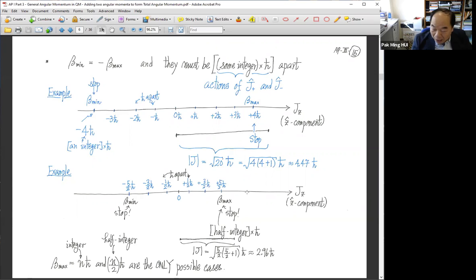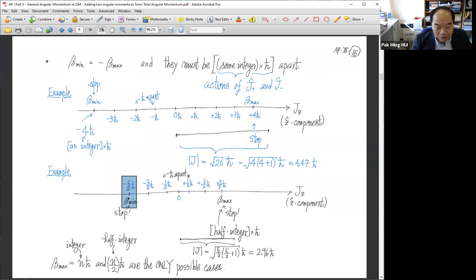We could as well start with a half integer h bar for the highest value, and this is an example of 2.5 h bar. In steps of h bar, we can also reach minus beta maximum.